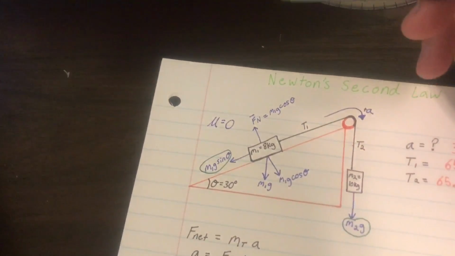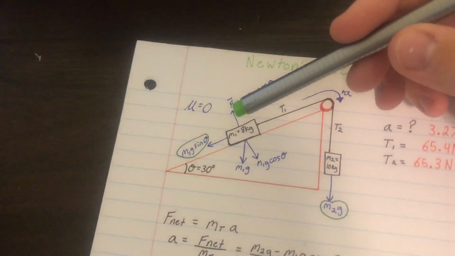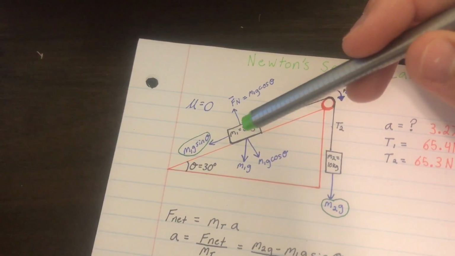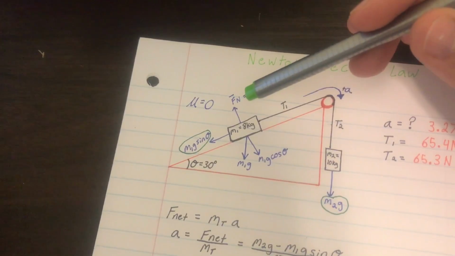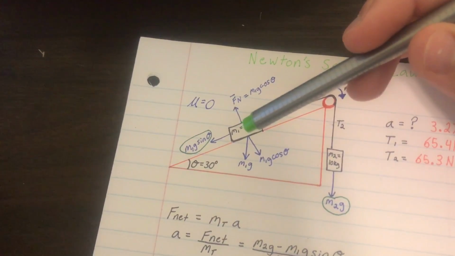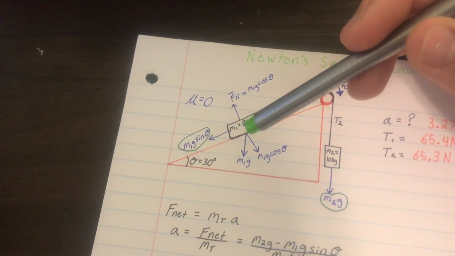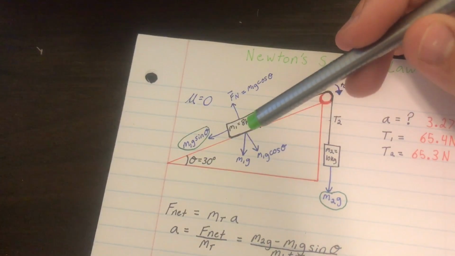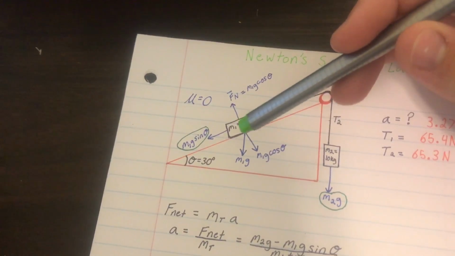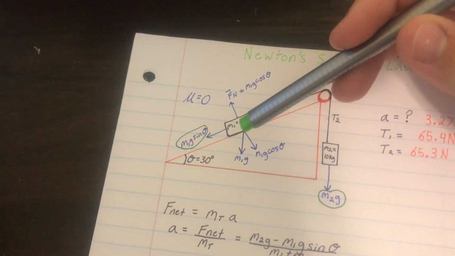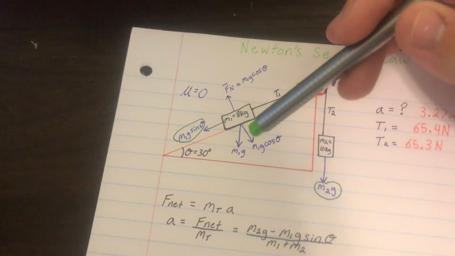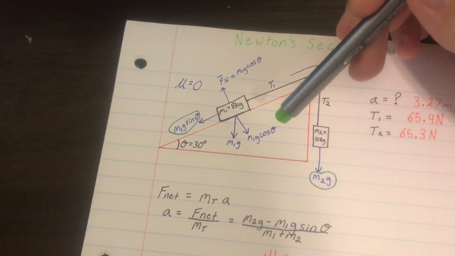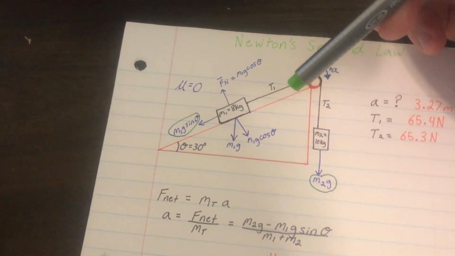So the first thing I did was draw the forces acting on this system, and I now have a normal force, which is what I put first, and then I had a force of gravity, so mass of this object times gravity, and then I have the components of gravity: m1g cosine theta, m1g sine theta.